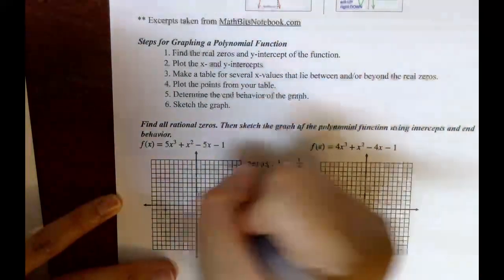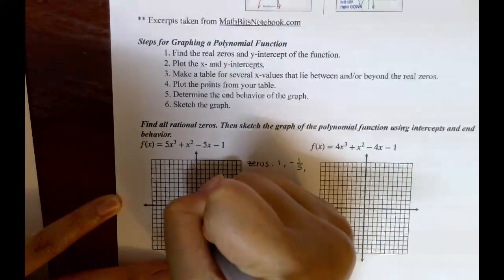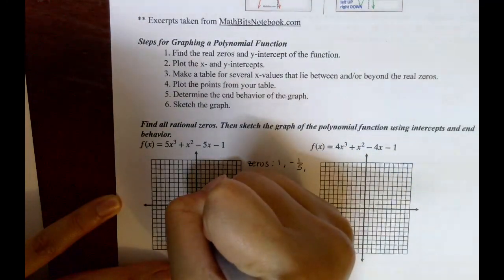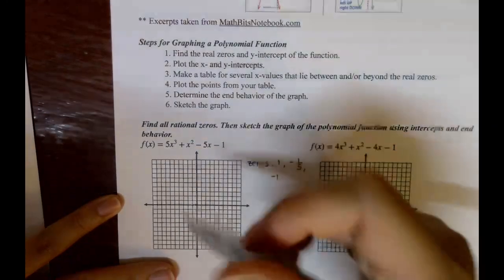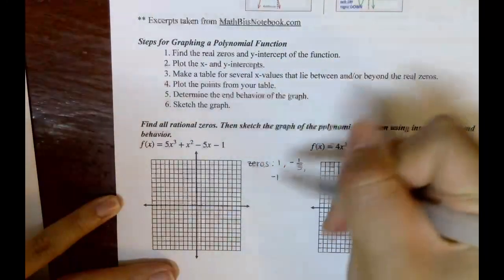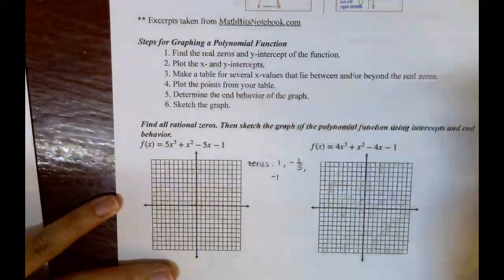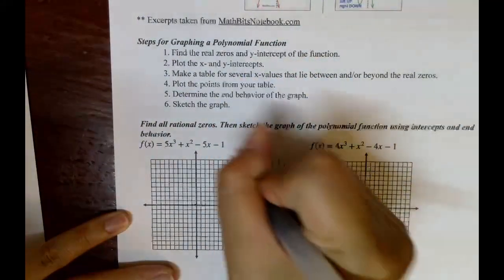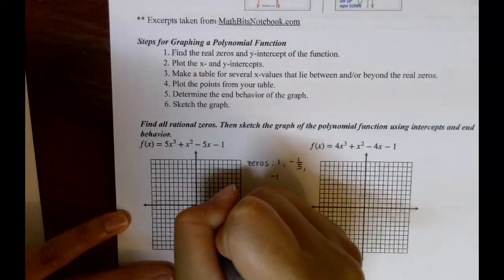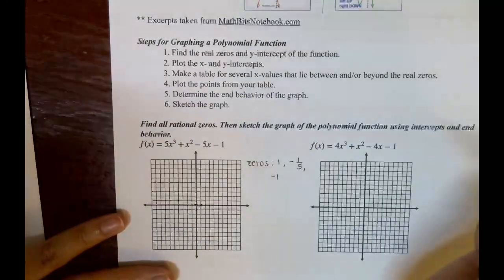So I have 1 at 1, negative 1, and negative 1/5. They all only happen one time, so that means I'm going to go through each of them, versus bouncing at it. My y-intercept is at negative 1.